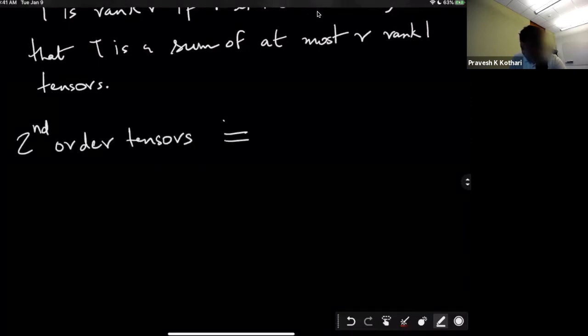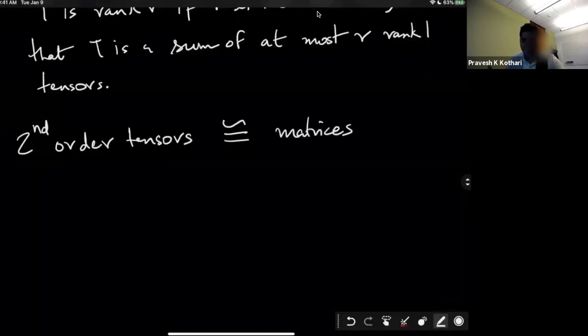Some kinds of tensors that are very familiar to you are second order tensors. Second order tensors are equivalent to matrices, of course. And so you can see that the notion of rank that I just defined for third order tensors is simply the generalization of the notion of rank that we already know for matrices.